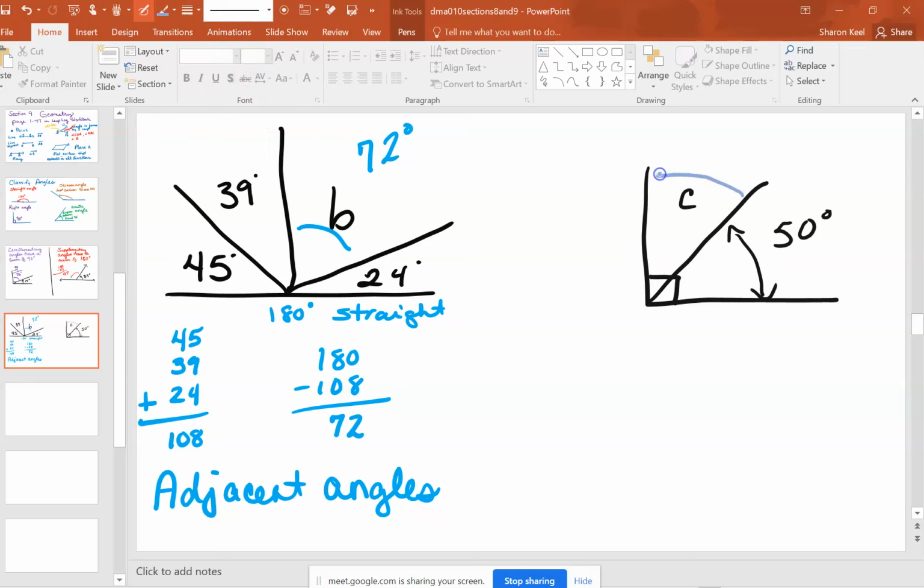Angle C here, I know the box means it's 90 degrees. If I subtract the 50 that we already know, that would give me 40 degrees. And isn't 40 plus 50, 90?